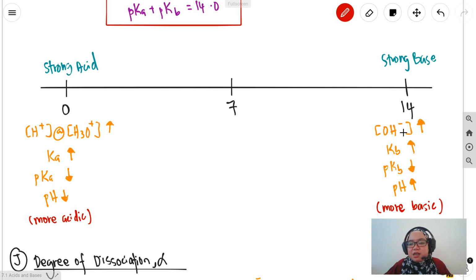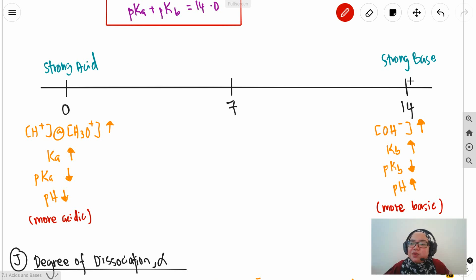Okay, untuk base pula. The higher the concentration of OH minus, the larger the value of Kb. So, when the value of Kb is larger, the value of pKb becomes smaller. So, when the value of pKb becomes smaller, it will have a bigger pH. So, bila dia ada bigger pH, dia akan jadi more basic.